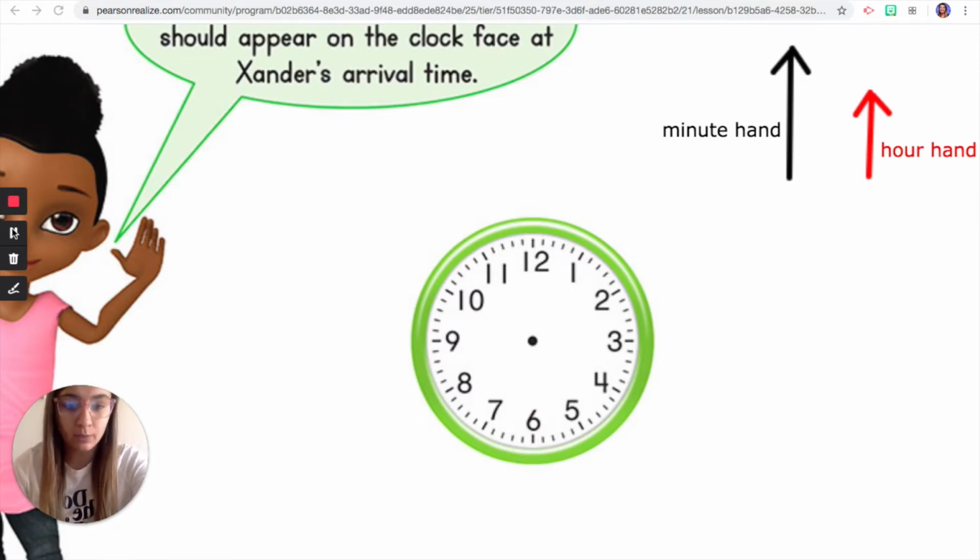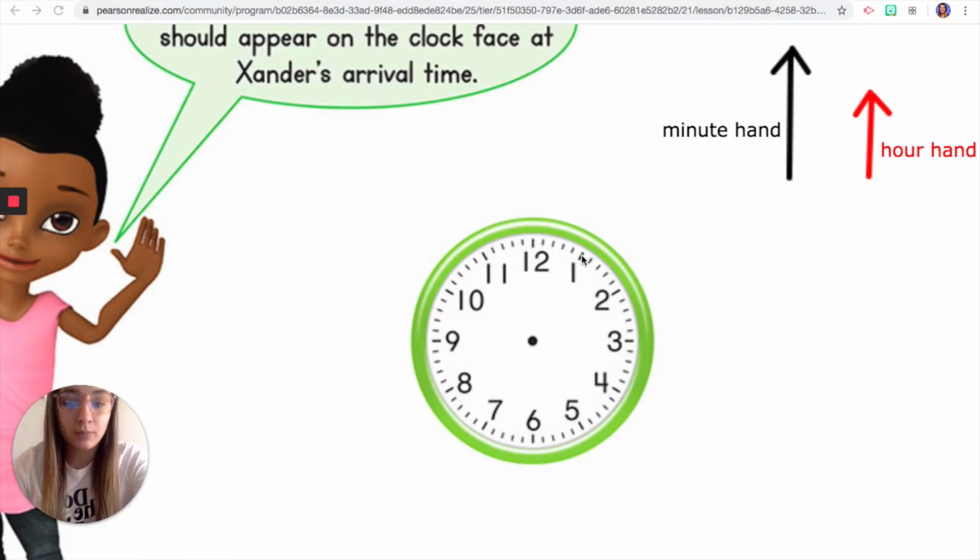The first thing that we have to know is that these numbers around the clock, 12, 1, 2, 3, 4, 5, 6, 7, 8, 9, 10, and 11, those are our hour marks, but they also mean 5. So if I was to count in between here, there's 1, 2, 3, 4 little marks, and then the number would be 5. I think you probably know that already, but I just wanted to go over it.